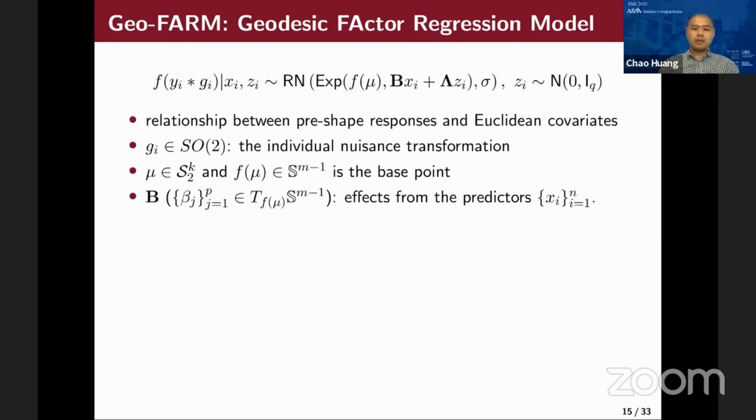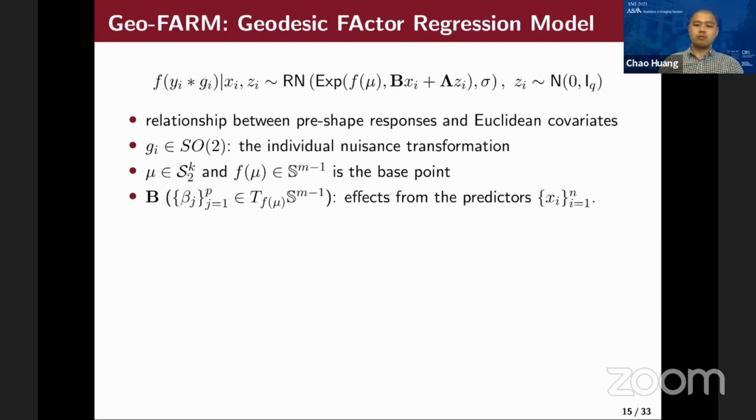And we can see that this model can be used to build up the relationship between the pre-shape response and the Euclidean covariates of interest. And also you will see that in this model, we introduce the gi, which is the rotation group action.